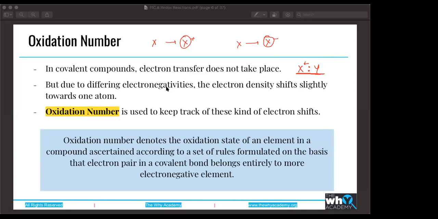But due to differing electronegativities, electron density shifts slightly towards one atom. So oxidation number is used to keep track of these electron shifts.